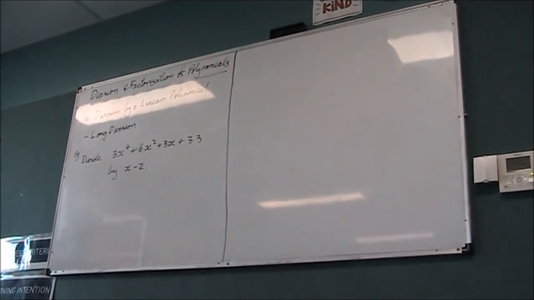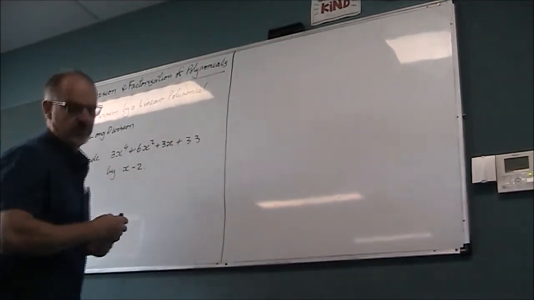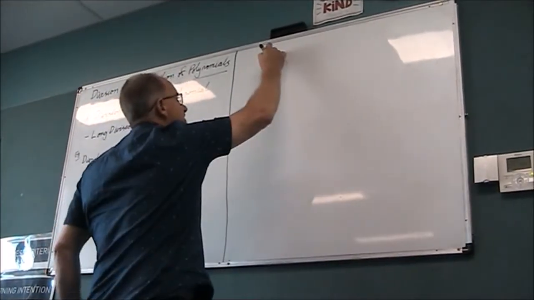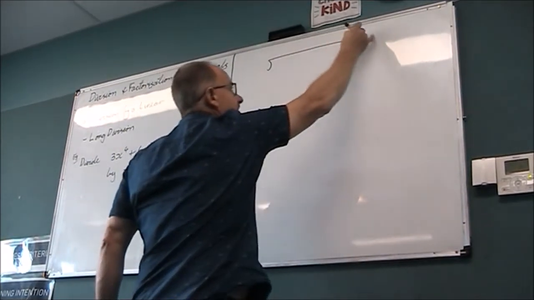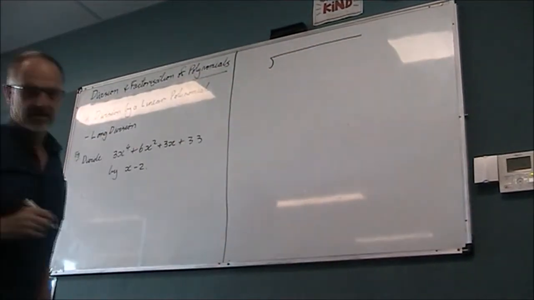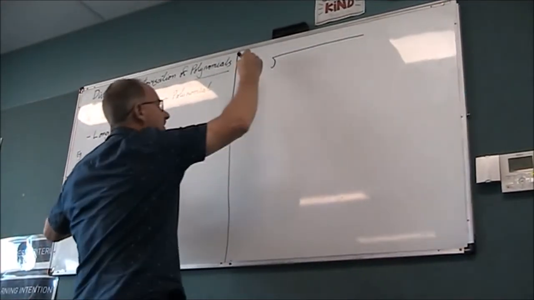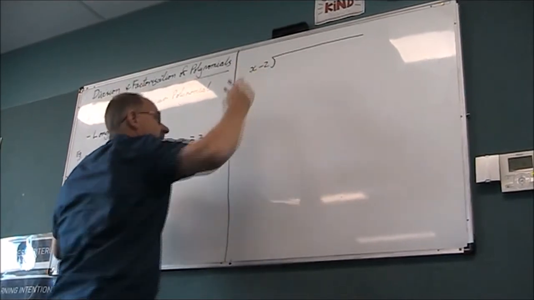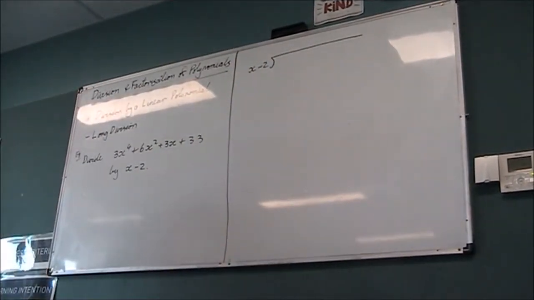Alright, so if we are doing the long division process, the thing we're dividing into, we put under the division symbol, and the thing we're dividing it by, the x minus 2, goes out the front there.